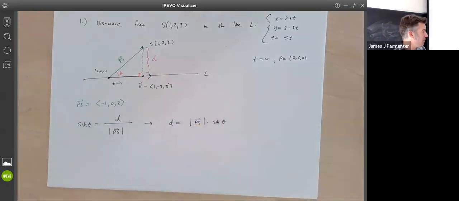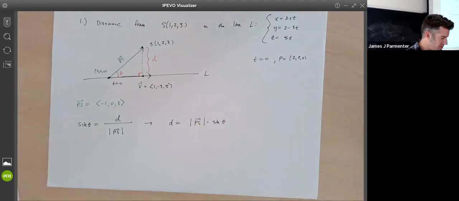This is where we're going to do a trick that we use fairly frequently, where you see something that looks like the formula you want, but it's not exactly the formula you want.